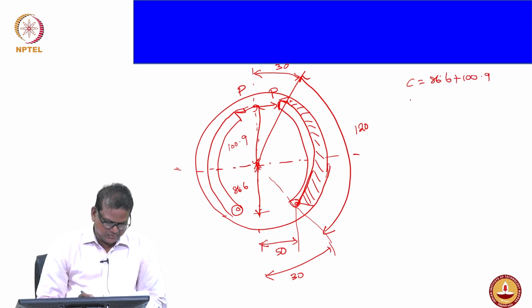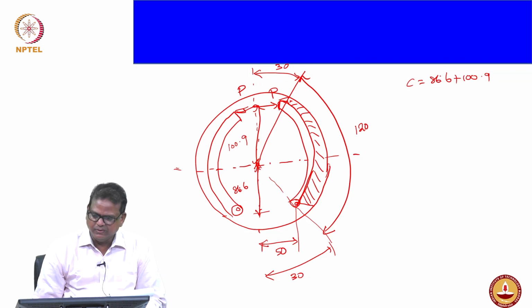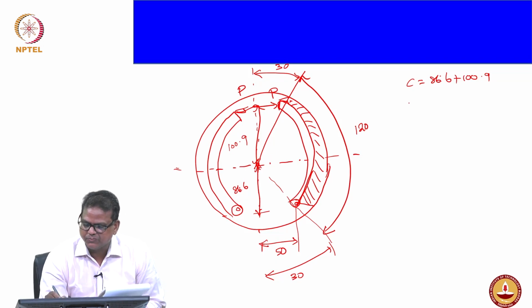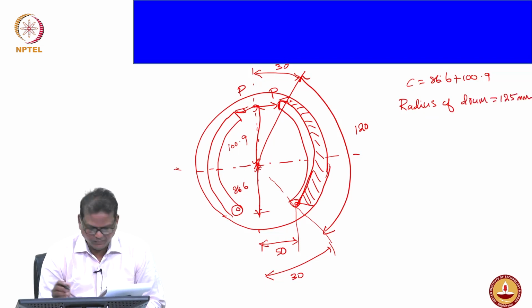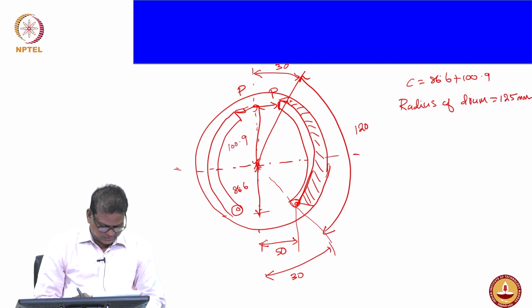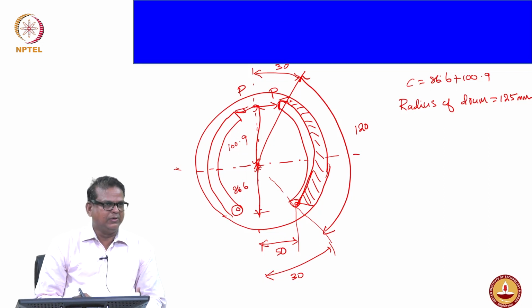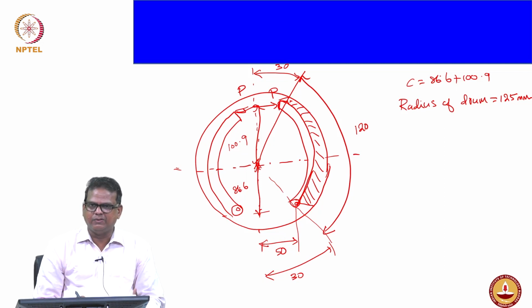The radius of the brake drum is not given. So, the radius of drum is 125 millimeter. The question clearly asks to find out the activation force P and also the torque absorbing capacity of the brake. That is what you are supposed to do.